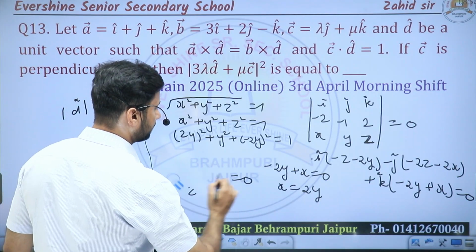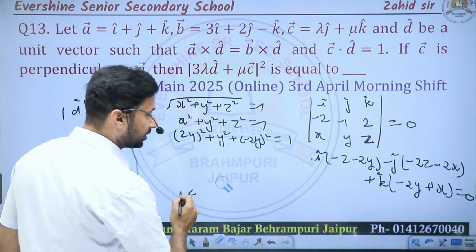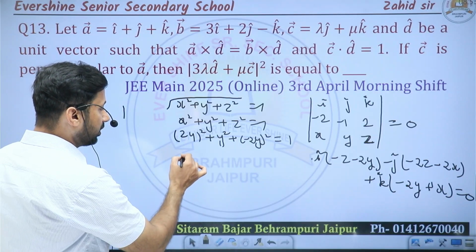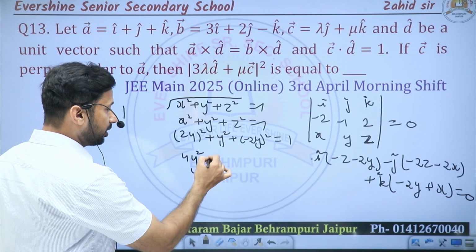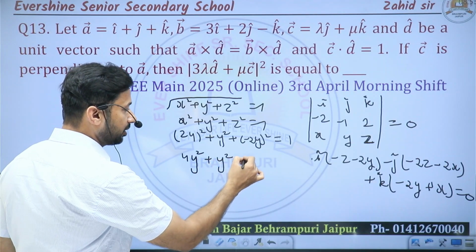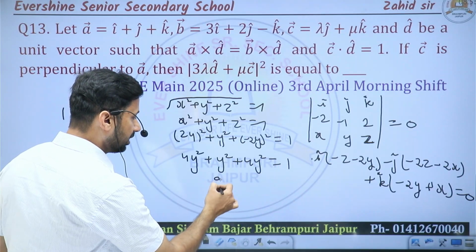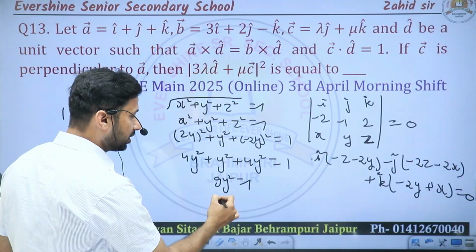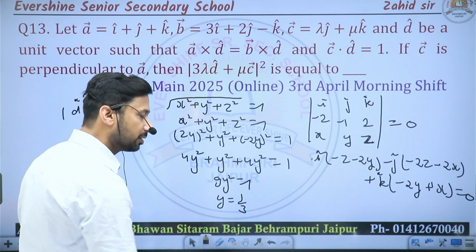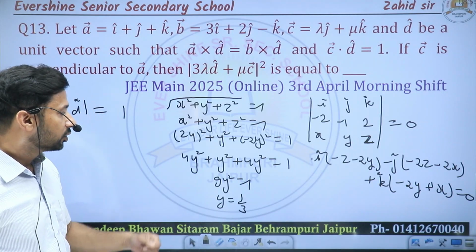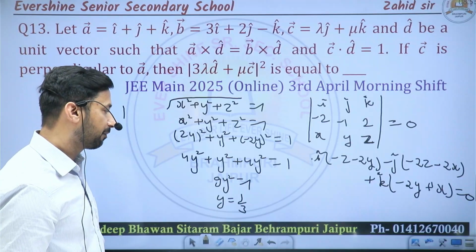Now I will simplify it. 2 2s are 4, so 4y square plus y square plus 4y square equal to 1, which gives 9y square is equal to 1, so y will be 1/3. It can be taken as plus and minus, it's your choice what you take.